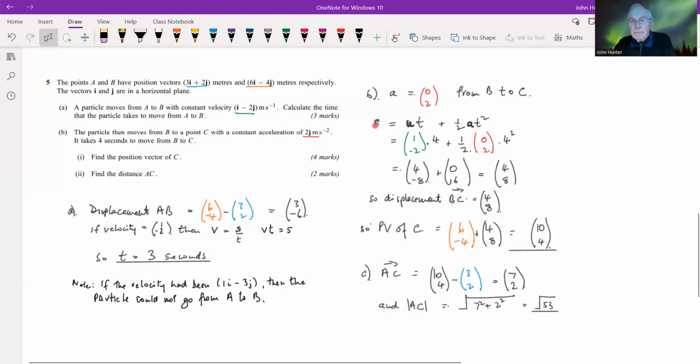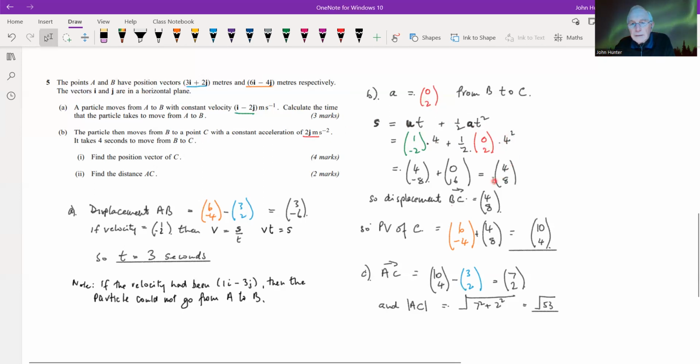So if we go to our equation, I've tried to embolden these things because these are vectors, using the convention that vectors are written in bold letters. s equals ut plus half at squared. So we've got the initial velocity, we've got the time period, a half, that's a scalar, and we've got the acceleration vector here, times time squared.